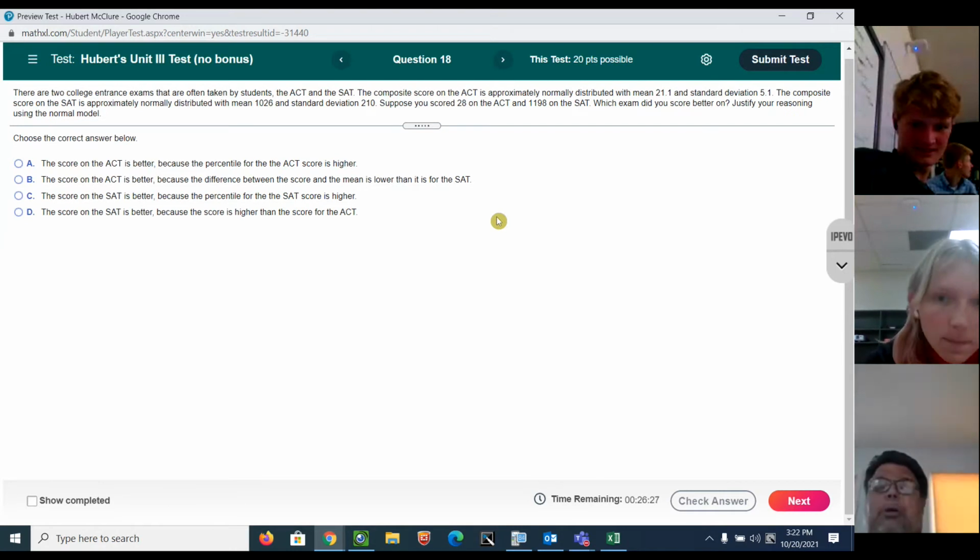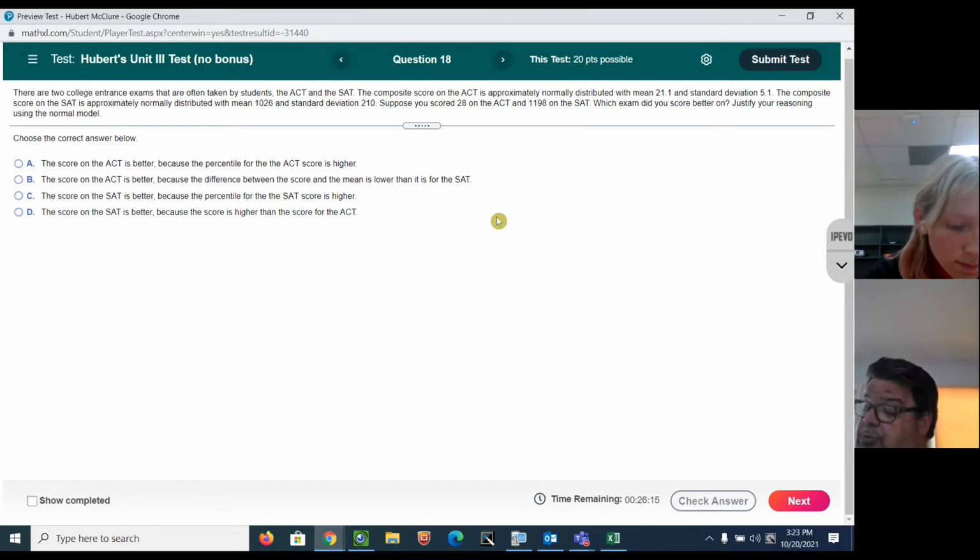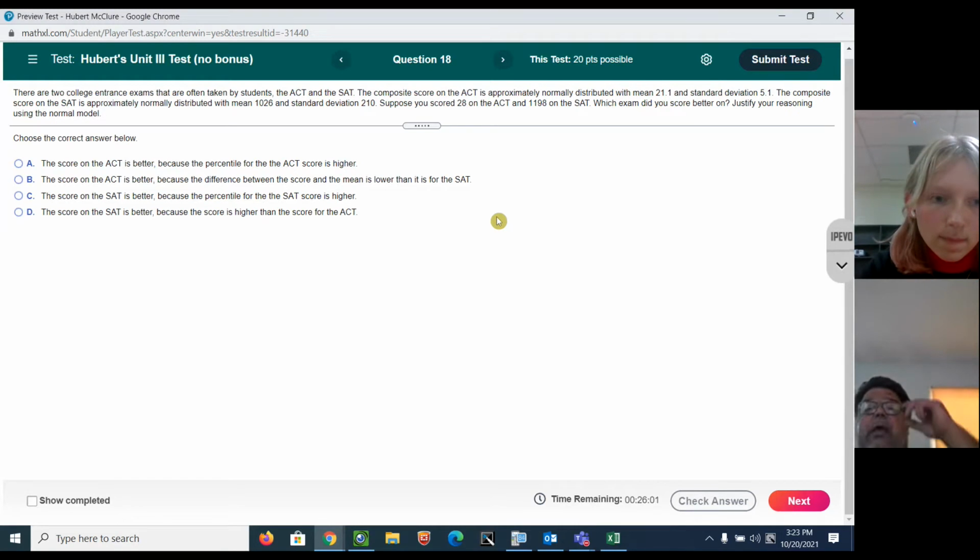So the ACT is normally distributed with a mean of 21.1 and a standard deviation of 5.1. So that's going to be 26.2, 31.3, and 36.4. I'm not even going to try to subtract it because I won't be able to.